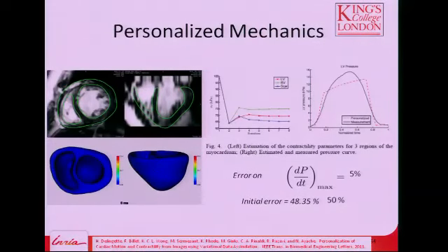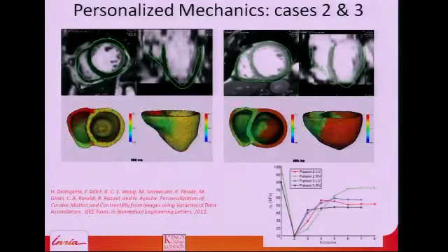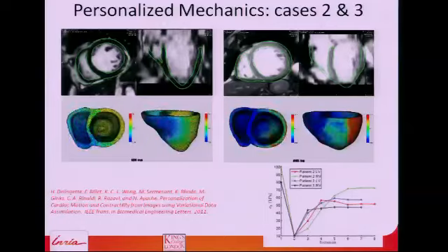So that's a way for us to try to validate this parameter estimation. This was done also on 2 other cases. In this case, this is a patient with dilated cardiomyopathy, and you see that the heart doesn't beat very much, which means that it's very hard for us to estimate any parameters given the very small contractions of the heart.